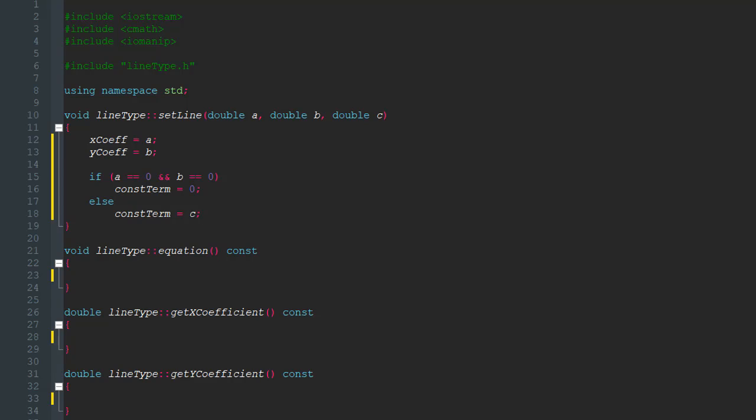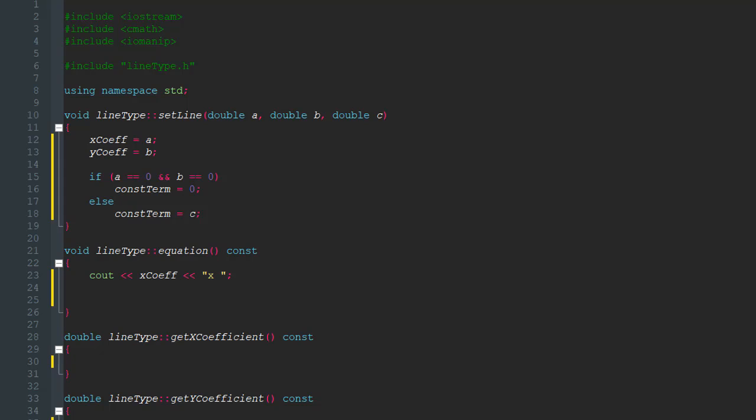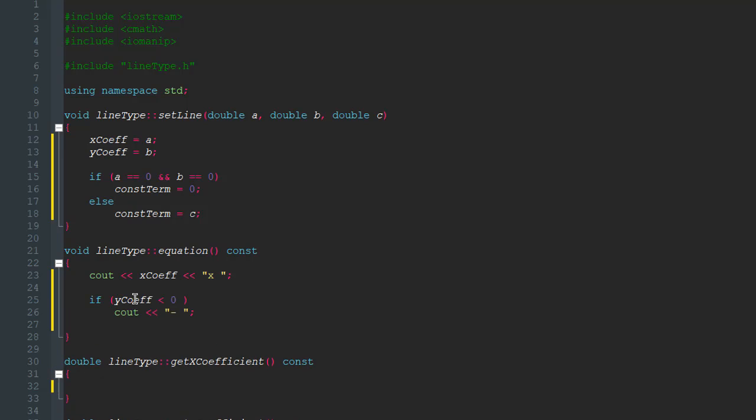Now we have to do the function that prints out the equation. So first we're going to print out the x coefficient with x next to it, and then we're going to write in if the y coefficient is less than 0, we enter the minus sign, else we enter a plus.